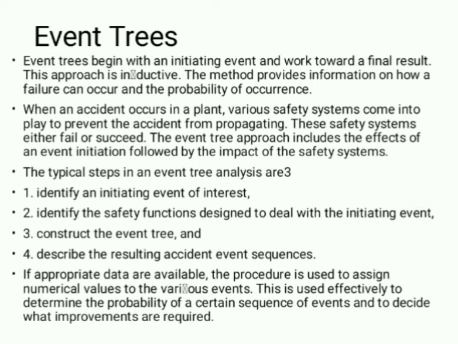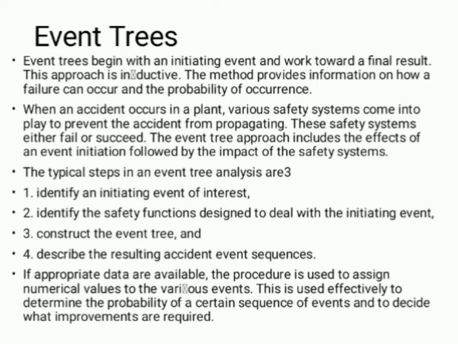Now, event trees begin with an initiating event and work toward the final result. So first we have to find out how the accident will start, what the initiating event is. In this reactor example, the initiating event is the improper flow of coolant to the reactor, which may cause the increase in temperature.